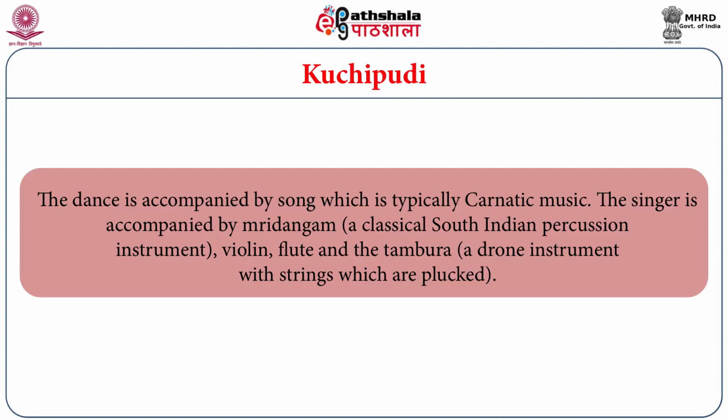This Kuchipudi dance is accompanied by song, which is typically Carnatic music. The singer is accompanied by the mridangam, as we all know, the percussion instrument, a classical South Indian instrument, and the other instruments are violin, flute, string instruments and the tambura.